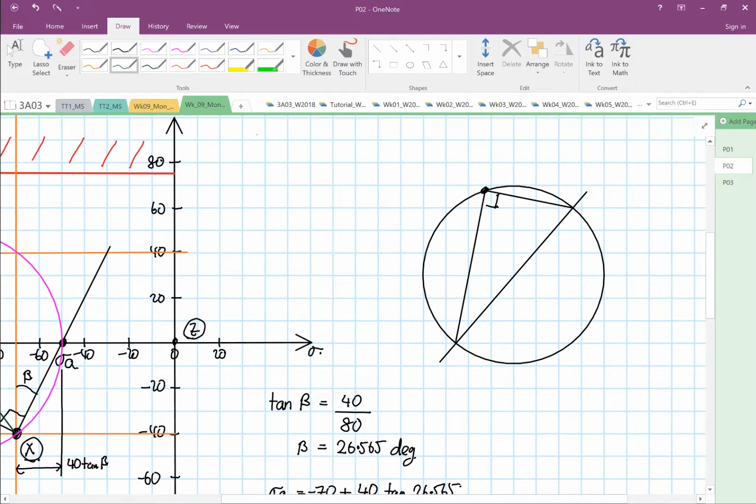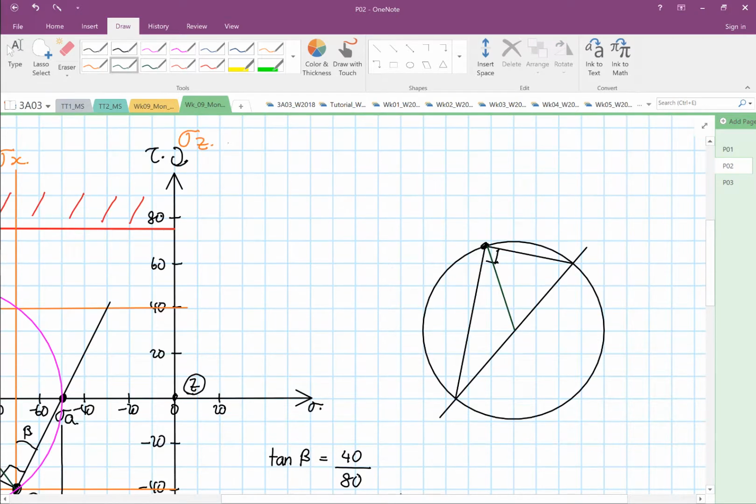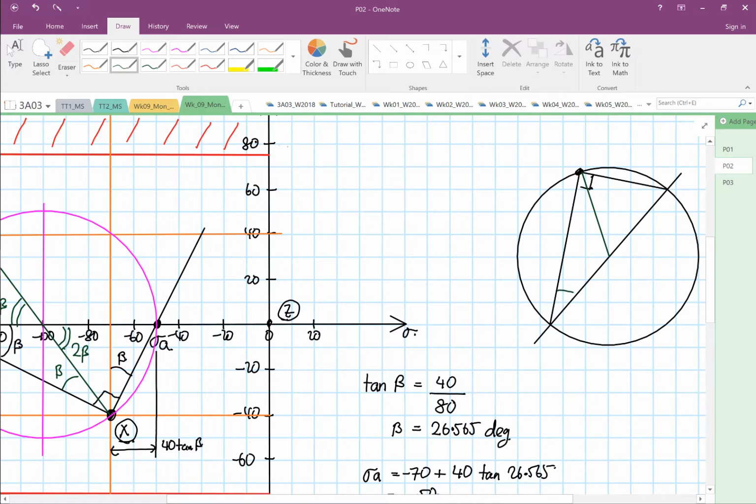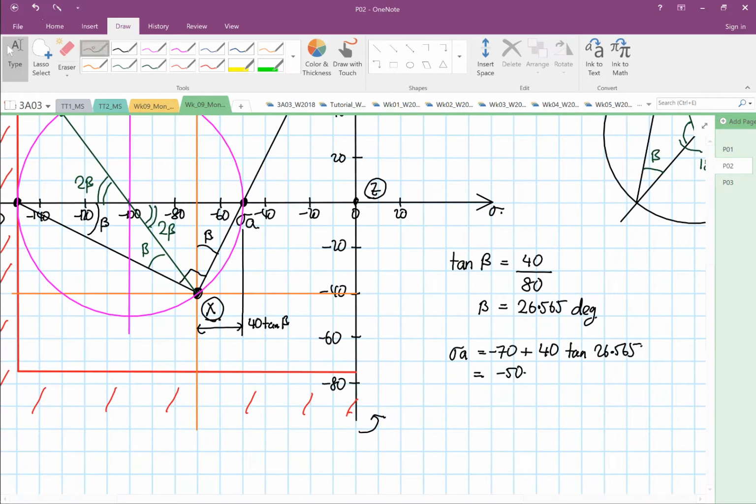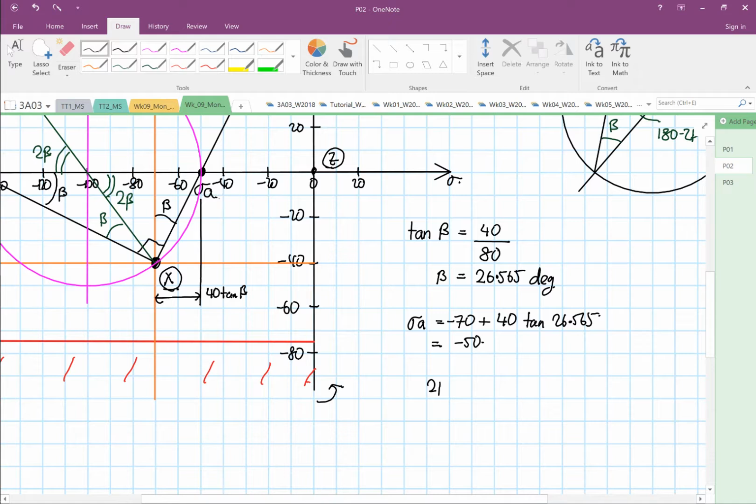Because if this is the center of the circle and this angle is our beta angle, this angle is also a beta angle. This angle over here will be, by the angle sum of a triangle, 180 minus 2 beta. That's why the value over here is equal to 2 beta. So we need to find 2 beta. 2 beta is twice 26.565, so it's equal to 53.13 degrees.